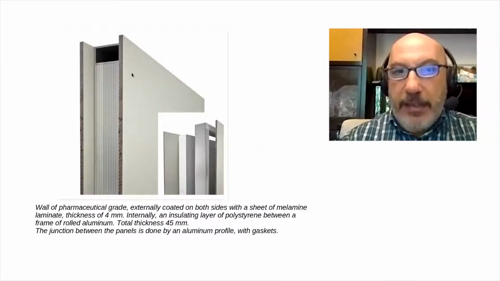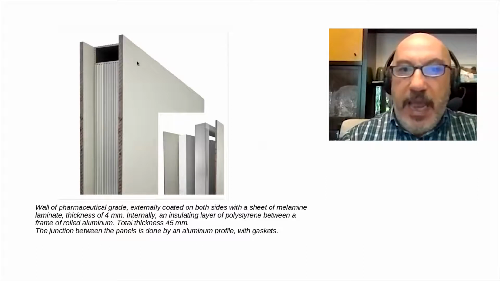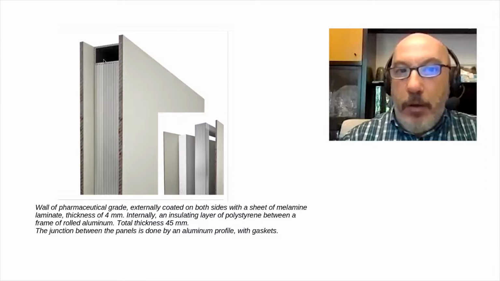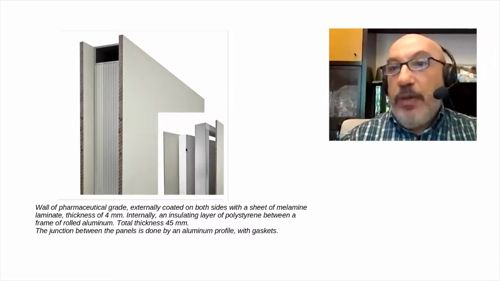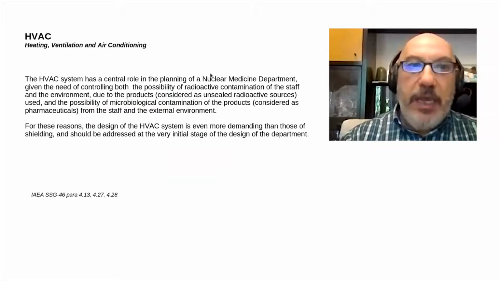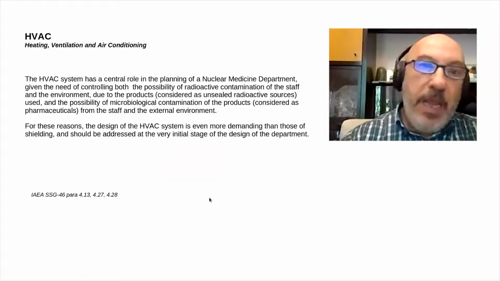And there are prefabricated pharmaceutical walls of typical thickness of 45 millimeters, made with a melaminic plastic material, and inside they have some phono-absorbing insulating material, and they can also fit lead shielding if necessary. So this is a very useful choice for a radiopharmacy laboratory, and not only.